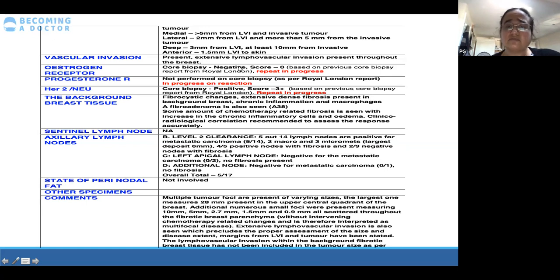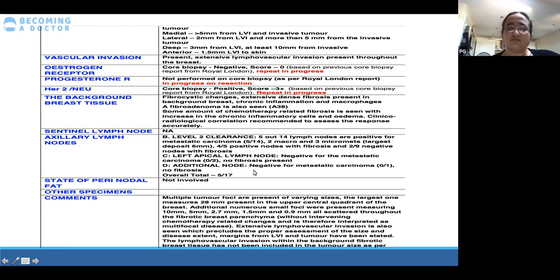So there's important things here. You've got extensive lymphovascular invasion throughout the breast, so that's a poor prognostic factor. The hormone receptors here, and then talking about chemotherapy response, so there's some fibrosis related to the chemotherapy. And then the lymph nodes, we've got 5 out of 14, so quite a few lymph nodes are involved, and some of them are quite big deposits.